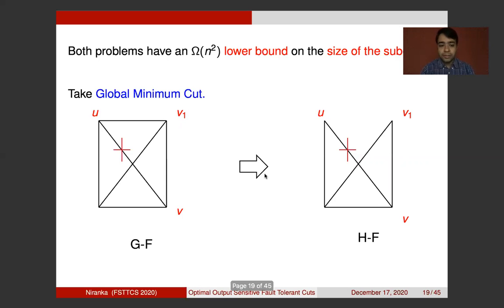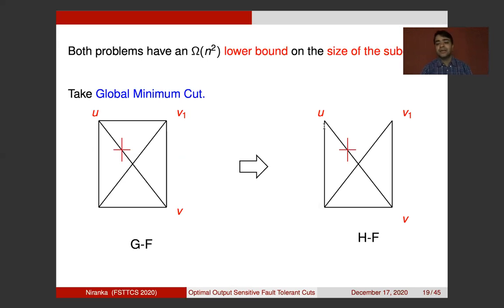Now, suppose the adversary faults this edge U comma V. It's easy to see that the global min cut in H minus F is actually 1, which is this adjacent edge from U, but in G minus F it is actually 2, this and this particular adjacent edge.